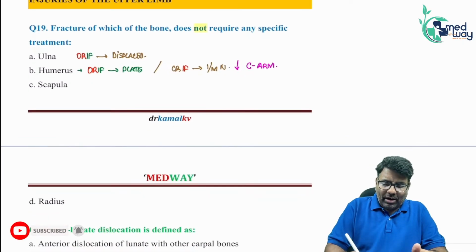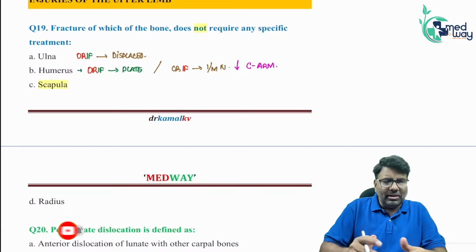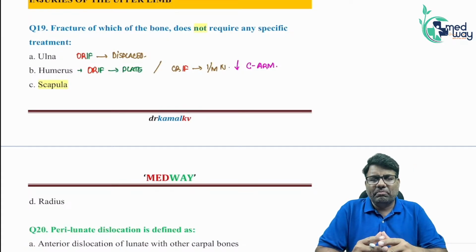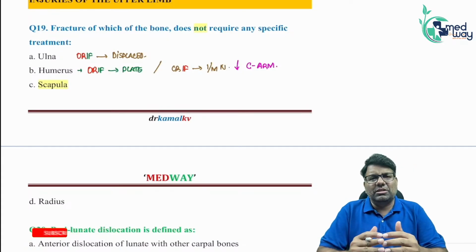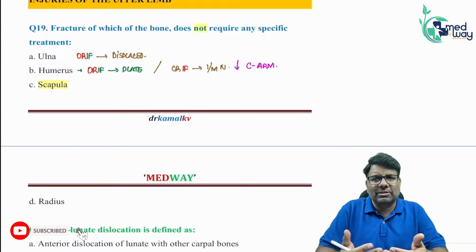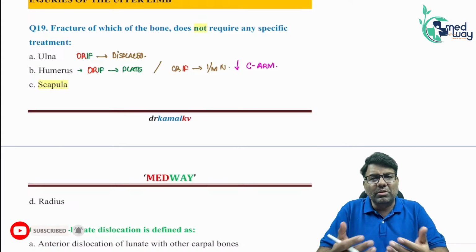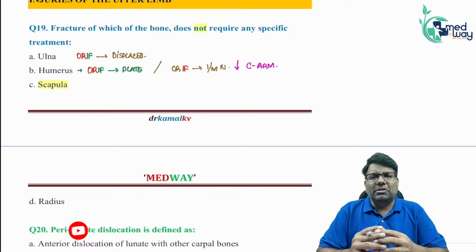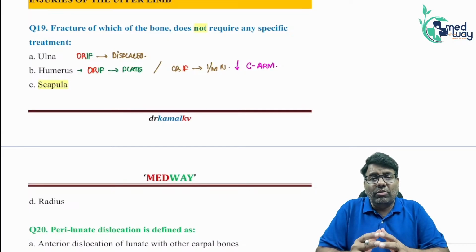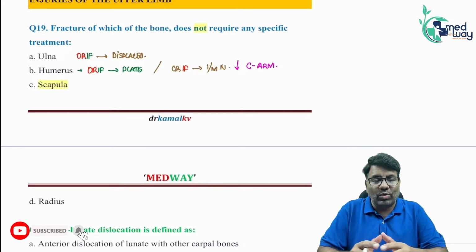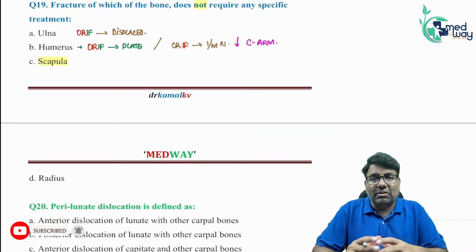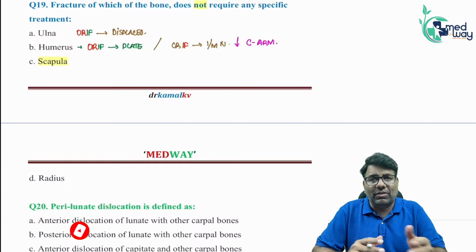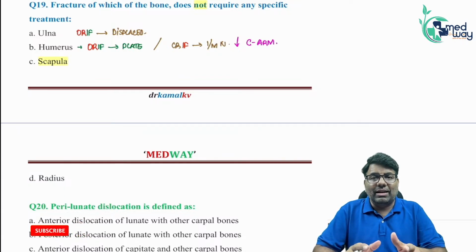And for scapula, we need not do anything, just give a cuff and collar sling for 2 to 3 weeks, since it is surrounded all around by muscles, and muscles provide a good amount of blood supply, and it is a rule that if there is a good amount of blood supply around the fracture site, it will heal well, right? Therefore we see that most metaphyseal fractures like Colles fracture or intertrochanteric fracture unite very nicely.